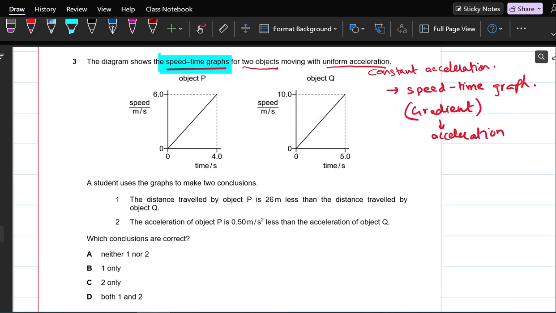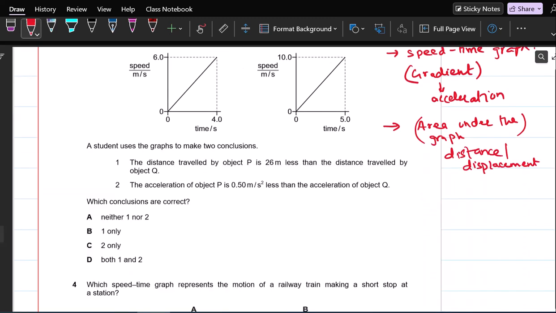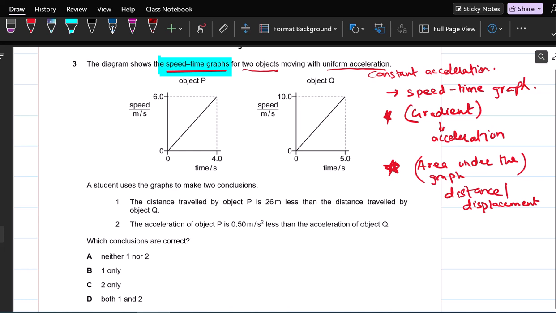And use area under the graph to find distance or displacement. So you have to remember these 2 points, when to use area under the graph and when to use the gradient, for speed time graph or velocity time graph.